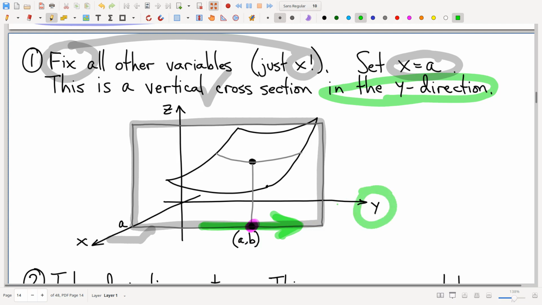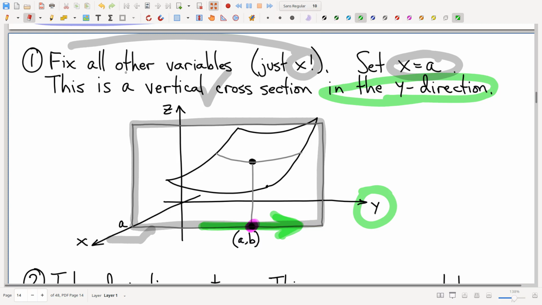Does that make sense? This is an opportunity for subtly confusing conflation. Make sure you don't conflate the variable that defines which direction you're going with the variable that is being set equal to a constant. It's real easy to get those switched. So again, careful, heads up.